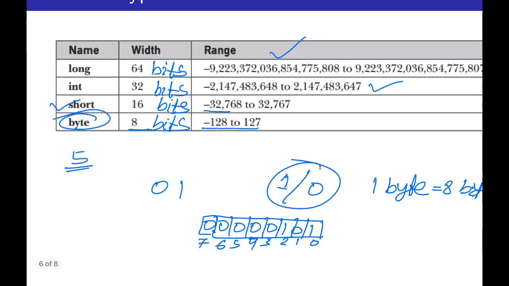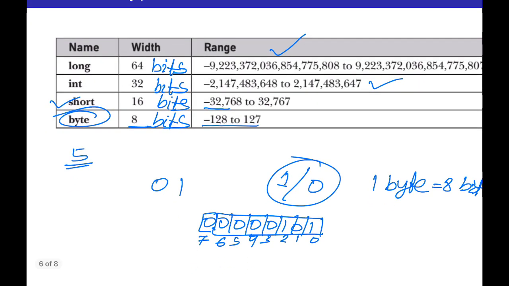How are we getting -128 to 127 for byte? Here you can see the size of byte is 8 bits. 8 bits means it can hold 8 zeros and ones, and as it stores signed numbers, that means it stores both positive and negative numbers.